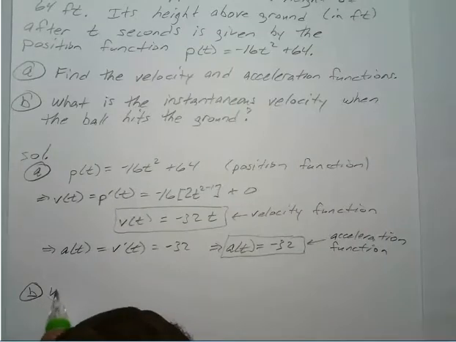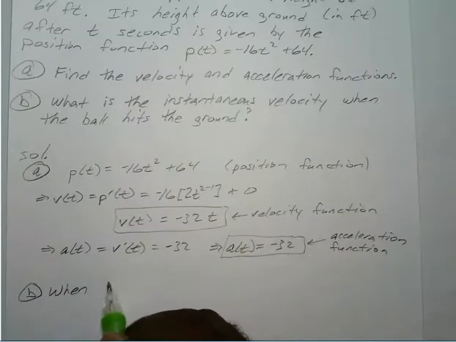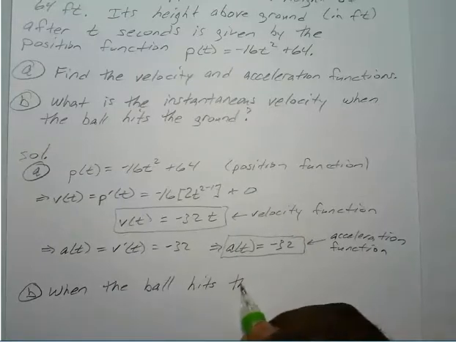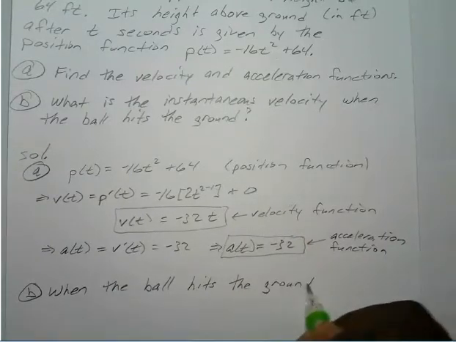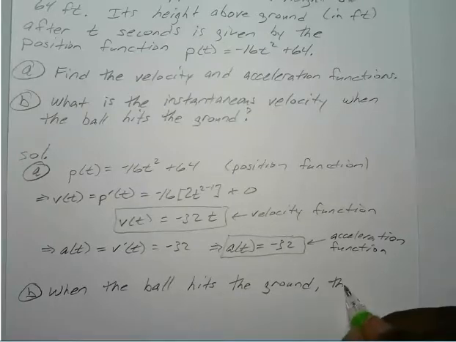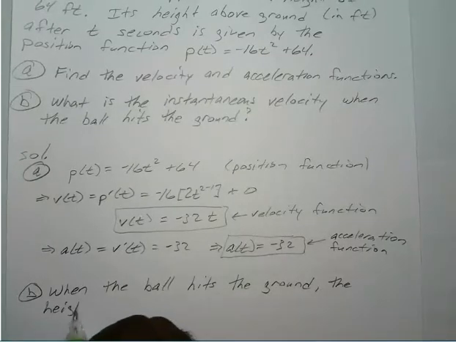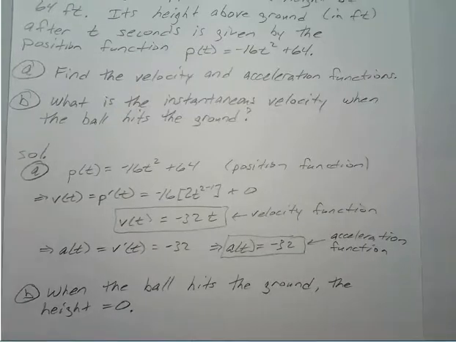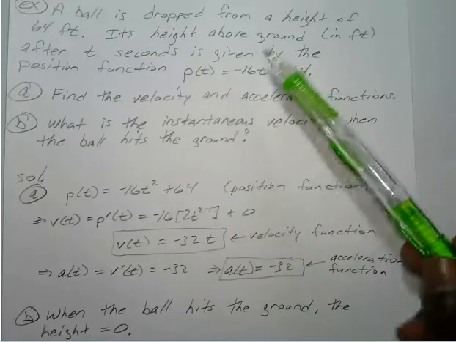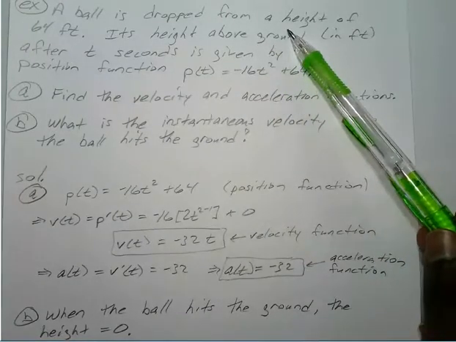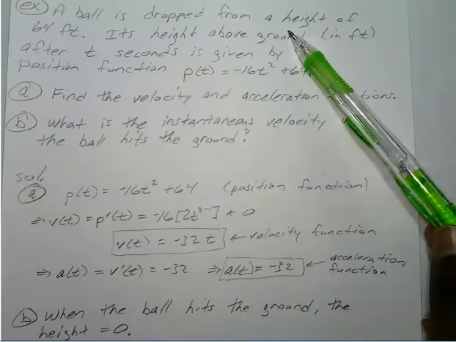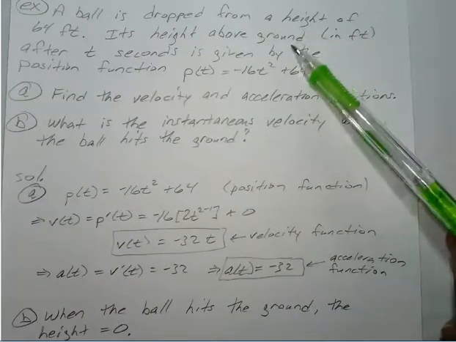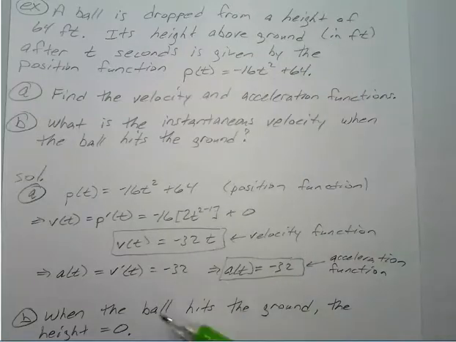Okay, so when the ball hits the ground, the height equals 0. Because remember, it's dropped from a certain height. It didn't start on the ground. So we want to know how long it takes before it hits the ground, or until the height is 0.